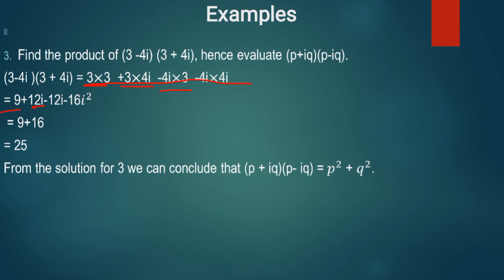Minus 4i times 3 is going to give me minus 12i. Minus 4 times 4 is going to give me minus 16. i times i is going to give me i squared. So that's how we got this next step here. You can rewind and play it again if you don't understand. Take it slowly and you get it.